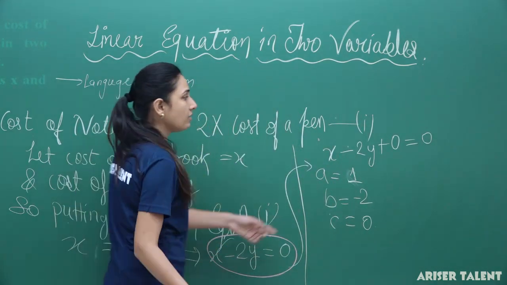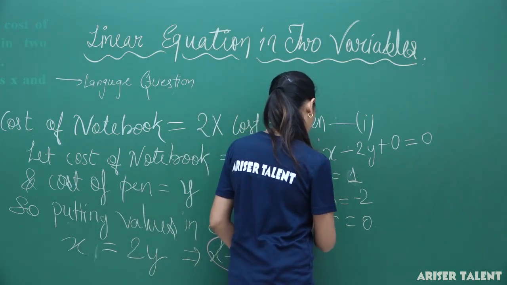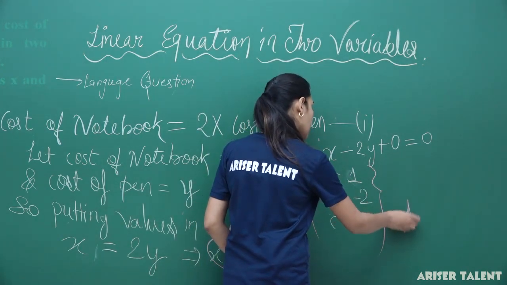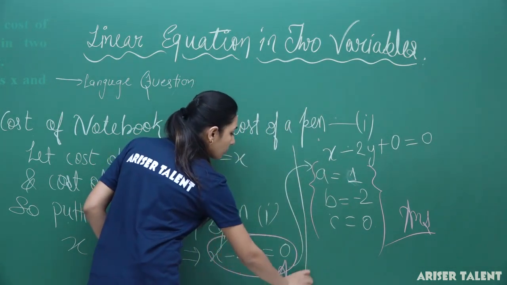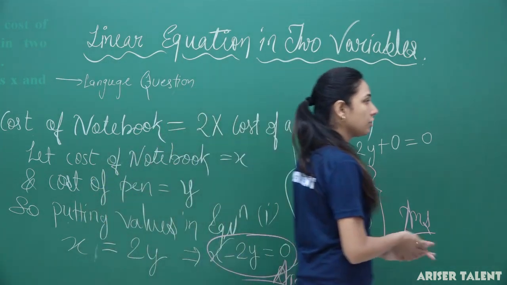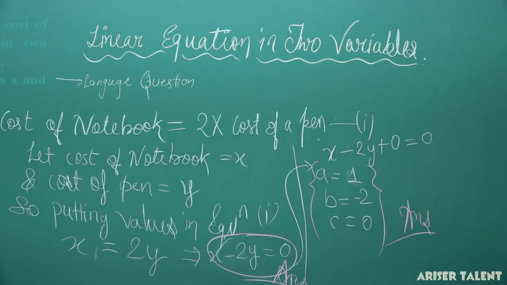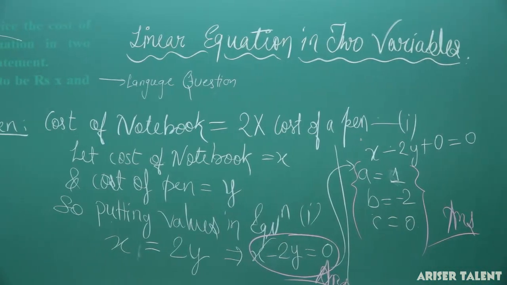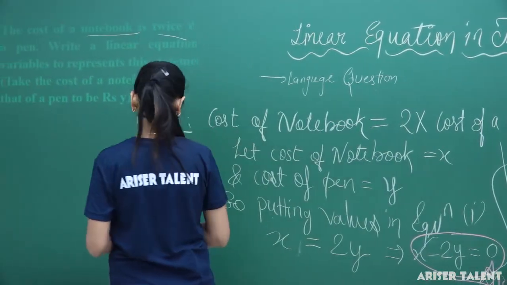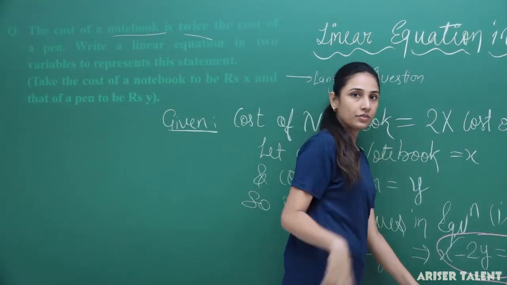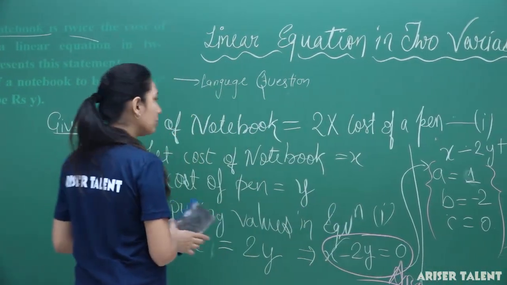We have just added a 0 in order to find out the value of the constants. So note this question's solution. Looking at it, very easy, right? Should I rub this one and move towards the next question, students?